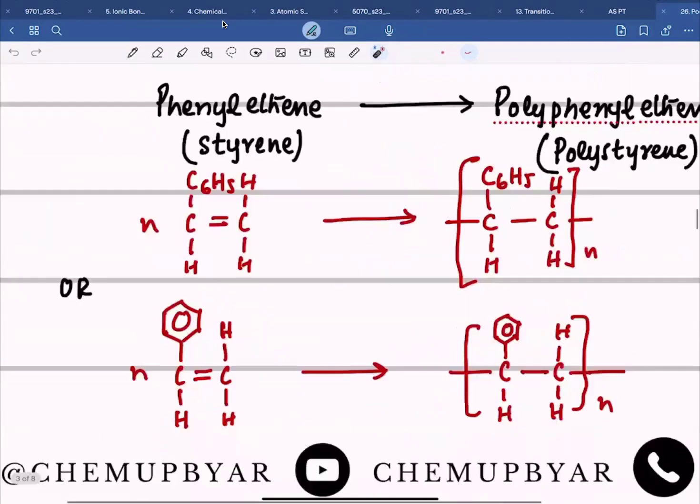And this C6H5 can be written like this as well. So either way, if the examiner makes this structure, there is no need to be confused because you have to make the changes over here only, right? Instead of the double bond, you put a single bond and then draw the empty bonds on both sides. Is this clear?